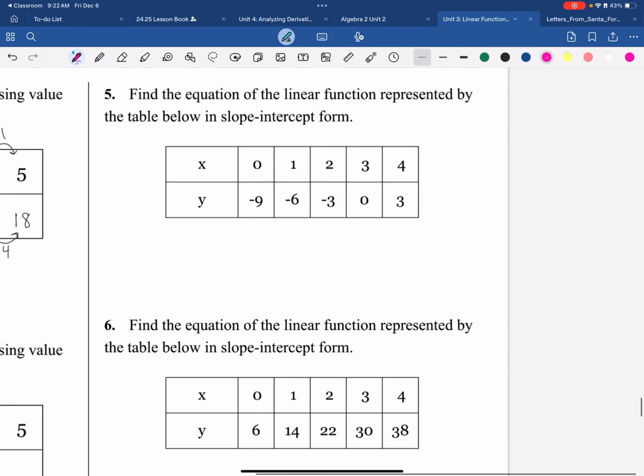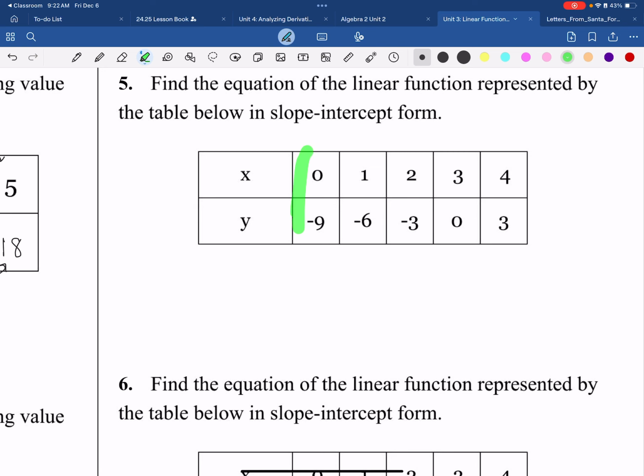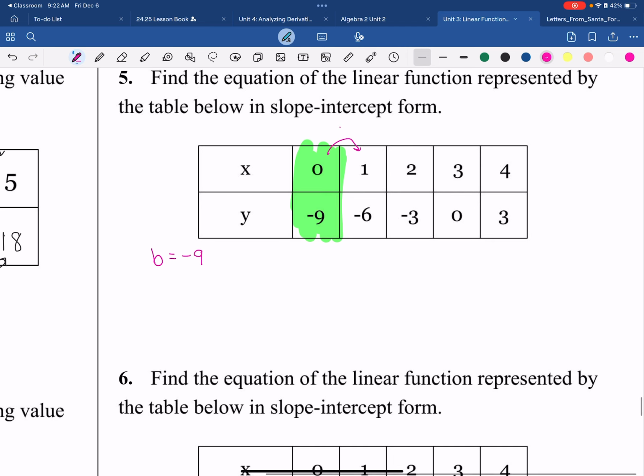Let's try one more together. I'm going to look and find that y-intercept. Here it is. So I know my y-intercept is -9, and then I see that my x values are going up by 1. And my y values are going up by 3. And so my slope is going to be the change in y over change in x.